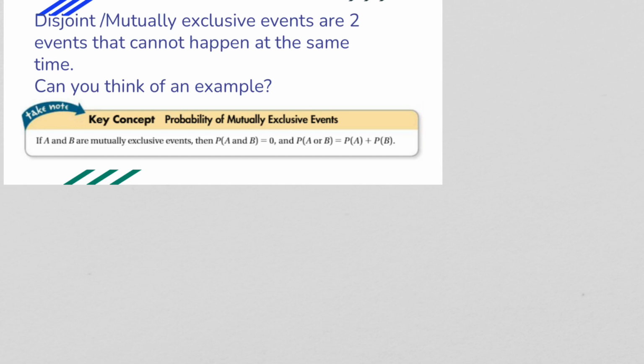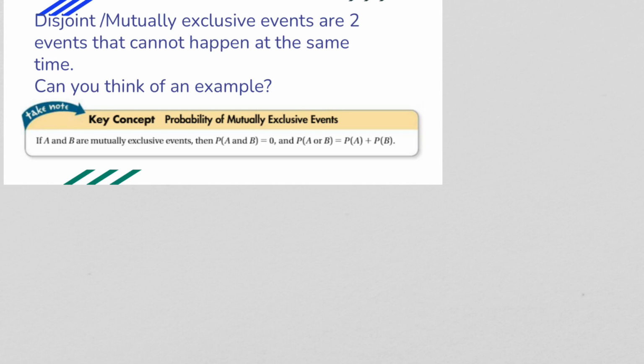Another possibility is if you have a deck of cards. What's the probability of drawing a king and a queen? Just because of the word and, that's impossible. There is no such card that has a king and queen on it. So be careful of the wording. So let's write down what it says here.